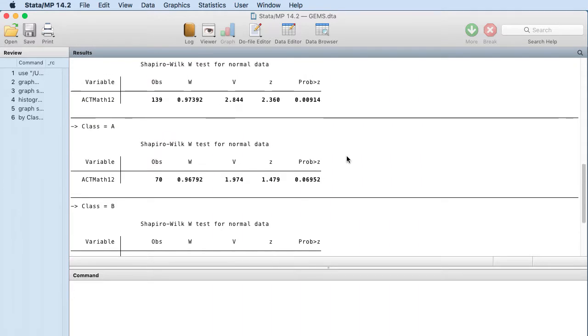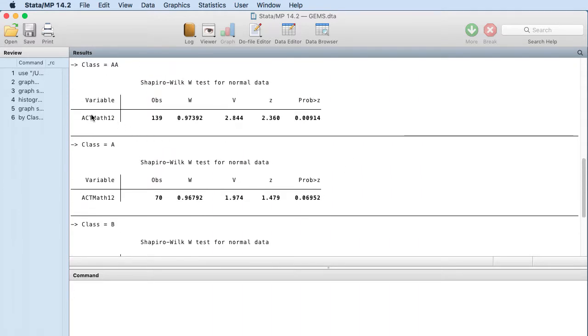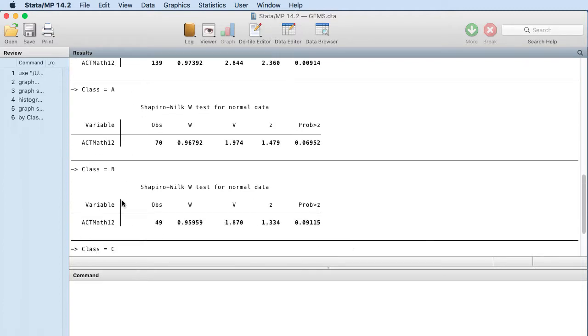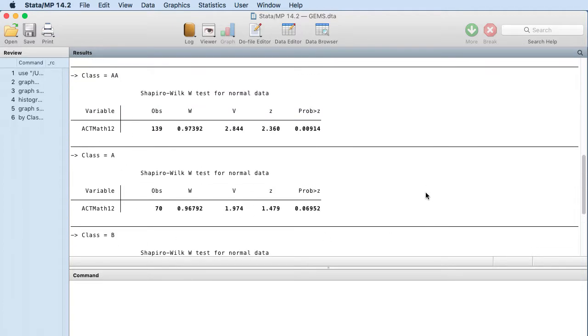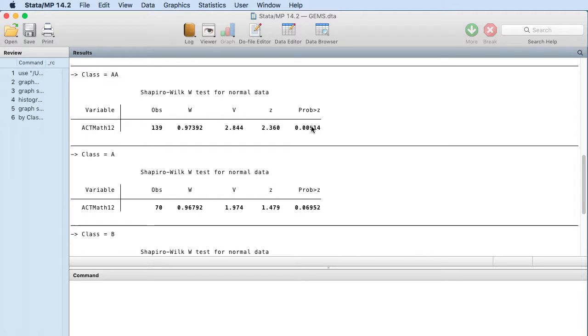And so in our output, we can see that we get class AA, A, B, and C. And each result has a W value, which is the Shapiro-Wilk statistic, and a probability. And in this case, the probability is 0.009, which is much smaller than 0.05.